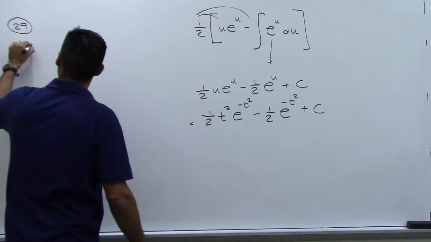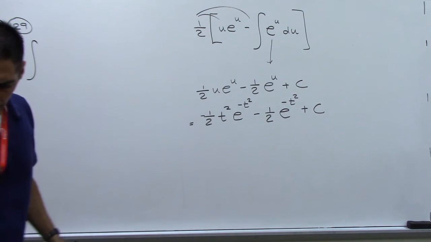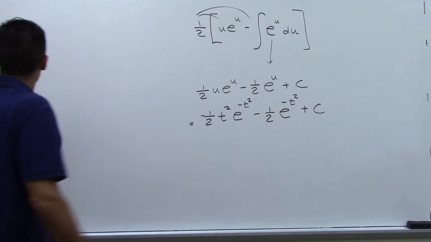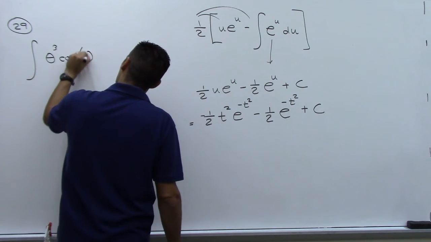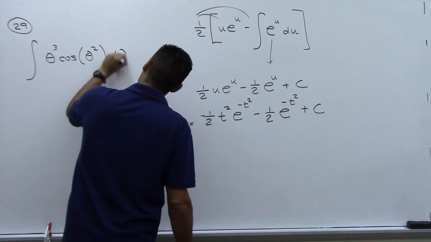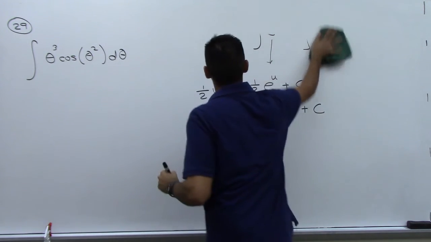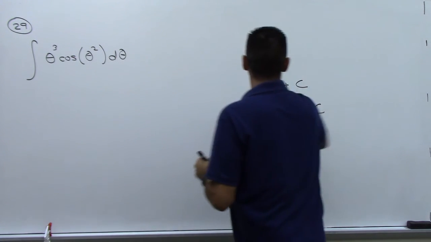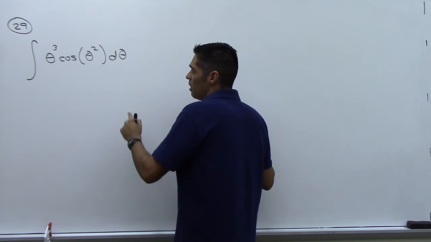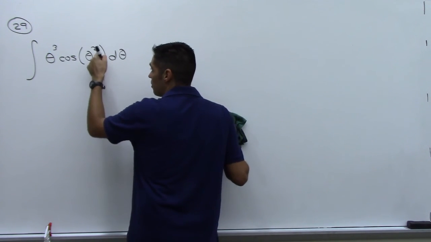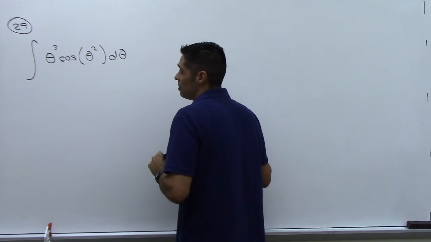29. Integral, we have theta cubed cosine theta squared d theta. We're supposed to make a basic substitution first. So I'm going to make a basic substitution, noticing again that the derivative of theta squared is just 2 theta.